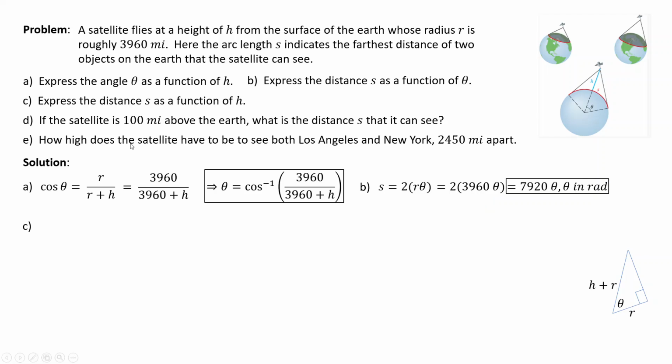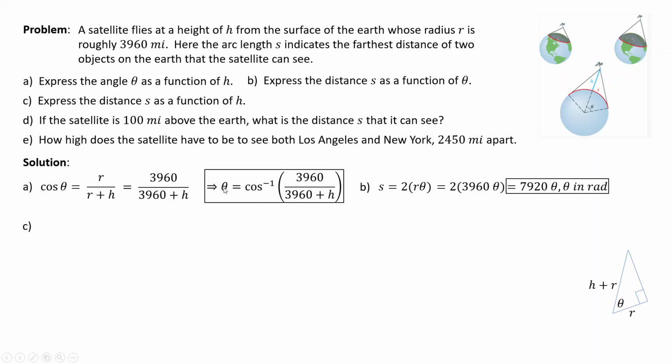Now what's the third one? Express the distance as s as a function of h. So here in part B, we have s as a function of theta. You agree? S as a function of theta. But in part A, we have theta as a function of h.